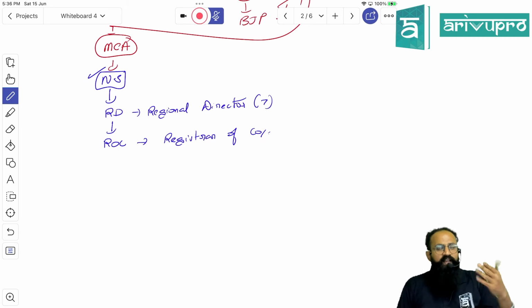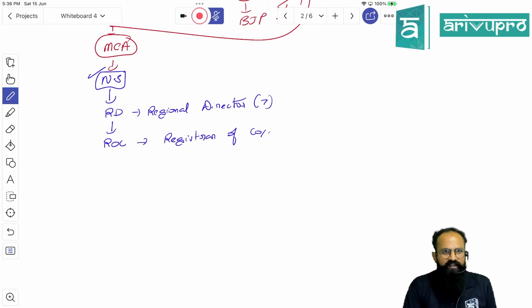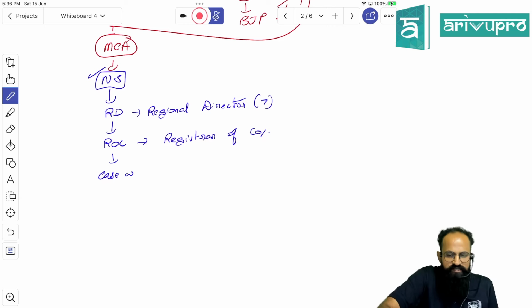Now you are also becoming a CA in another 1 or 2 years, according to your pace. Once you become a CA, will you only work? No. You have interns; we will do the same to them as was done to us. In the same way, under the ROC, we have case workers.